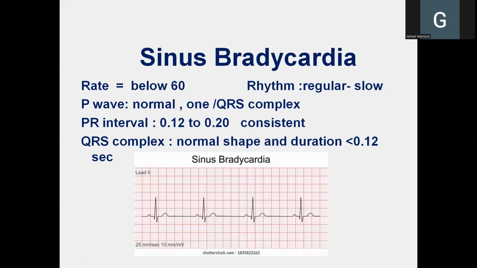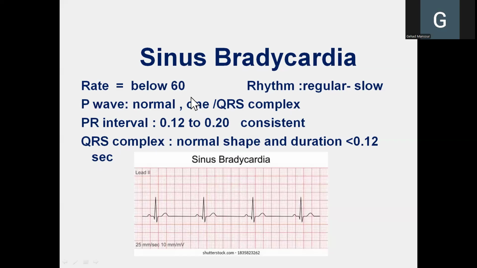So all rhythms that arise from the sinoatrial node will be regular, whether they are within the normal range, which is the normal sinus rhythm, or they are higher or faster than normal, which is the sinus tachycardia, or slower than normal, which is this topic we are discussing today, which is sinus bradycardia.